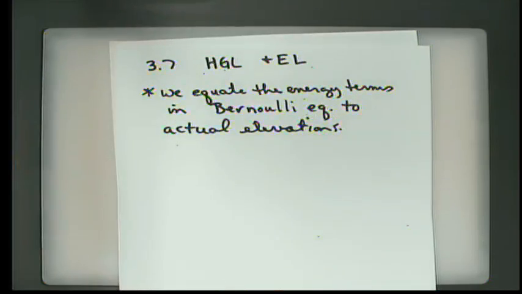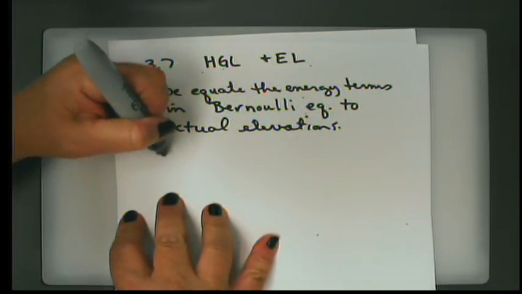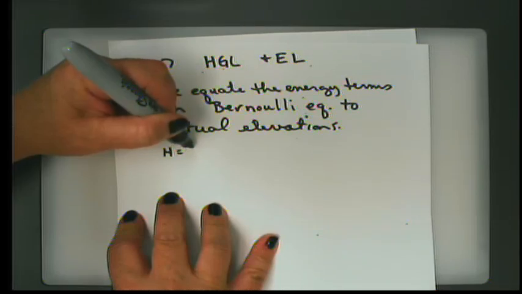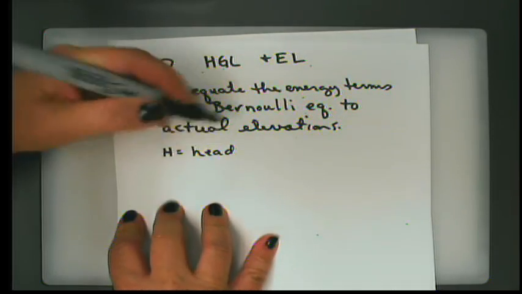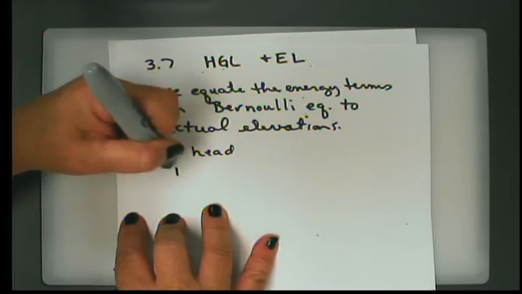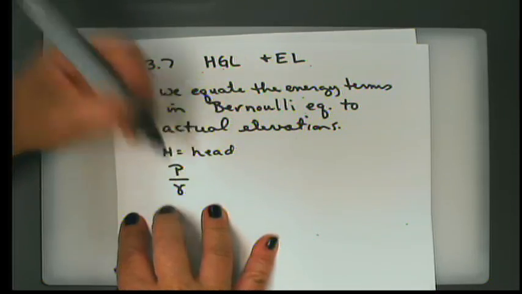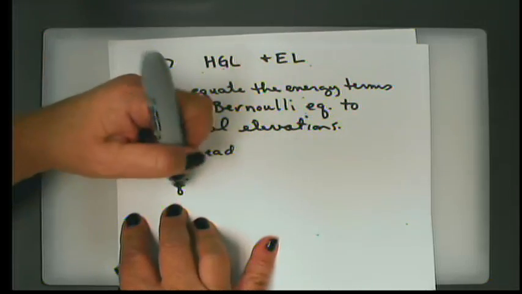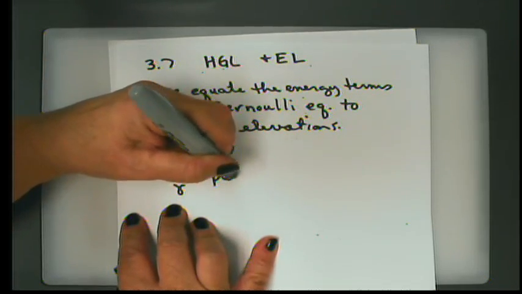And as you recall, in our previous discussion, we talked about the fact that the terms in the Bernoulli equation could be written as pressure, or they could be written as heights. And if we write them in terms of height, we call that head. So we have pressure over gamma, specific weight, which we call pressure head.